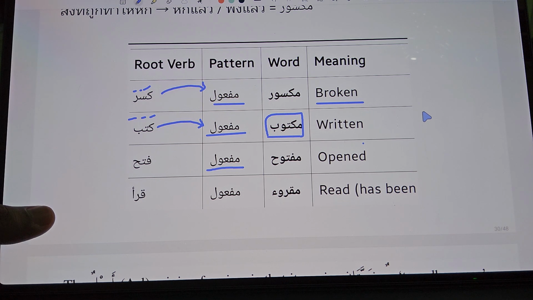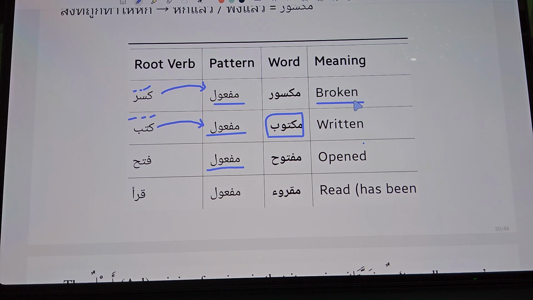Something is written, like maktub. Written. We can use it even for the qadar, like we can say to a brother that it is something maktub, something written. Like the qadar has been written, Allah has written it for us. You know the qadar, right, brother? Right.